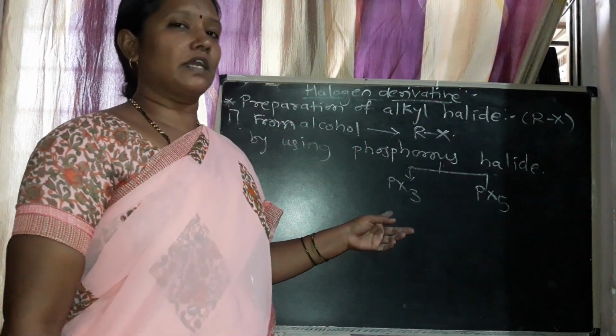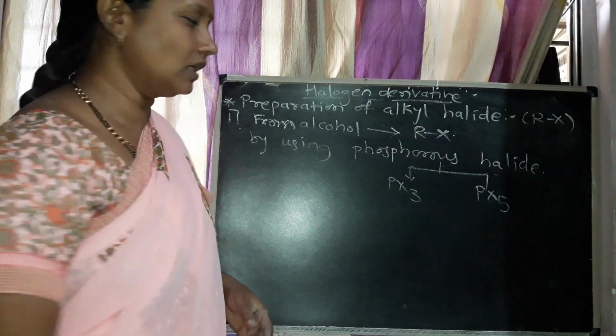PX3 means phosphorus trichloride and PX5 means phosphorus pentachloride.